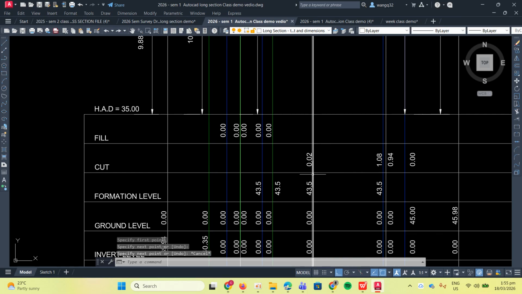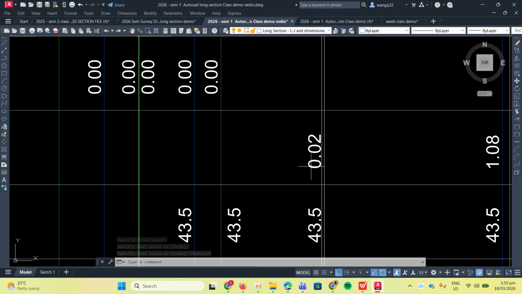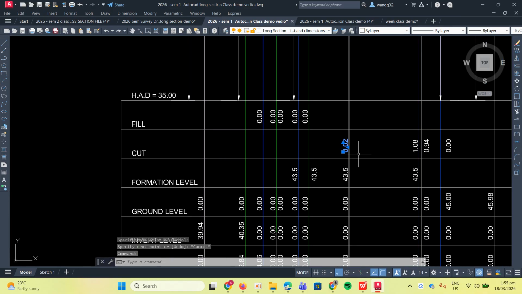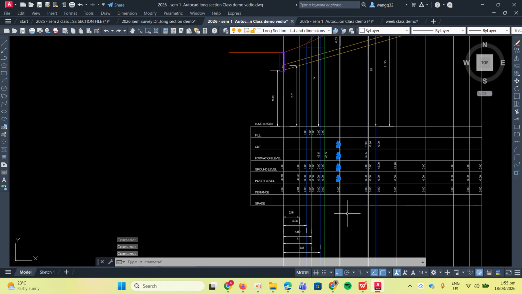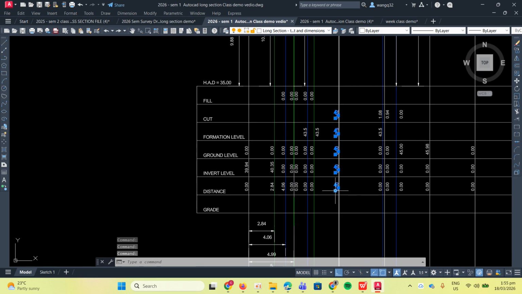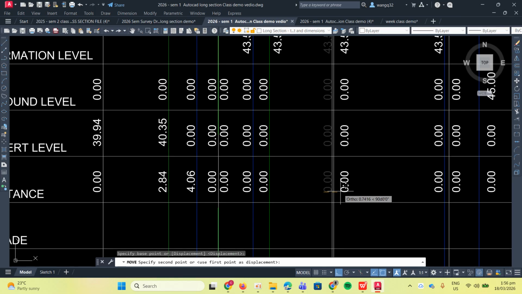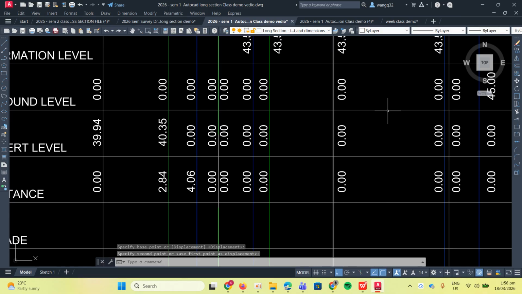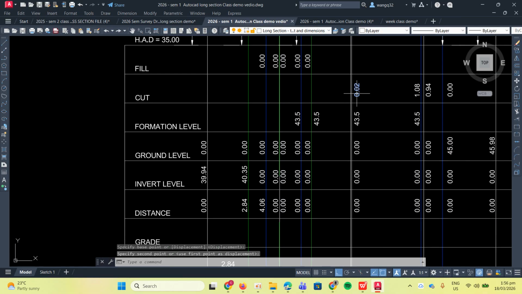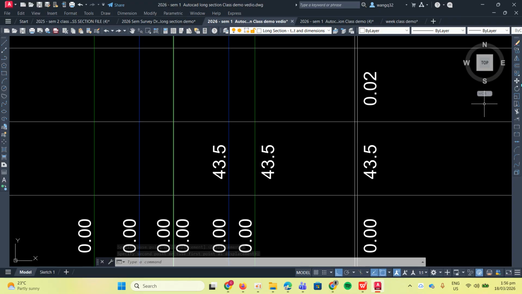So we know, then we need to change everything to that side. We need to move everything to the other side. So you need to put all these numbers as well. And I know that I copy that one to the other side.